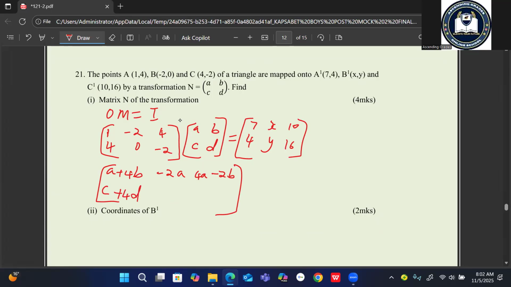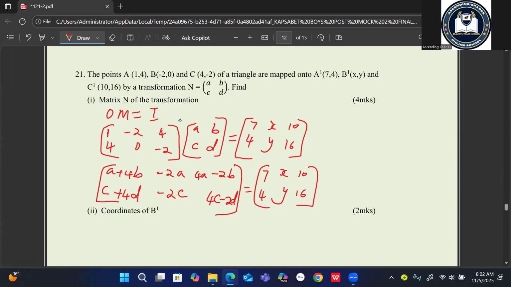Then the next one, we have -2C plus 0D, so it is the same as -2C. The next one, we have 4C minus 2D, which should be equal to 7, 4, X, Y, then 10, 16.